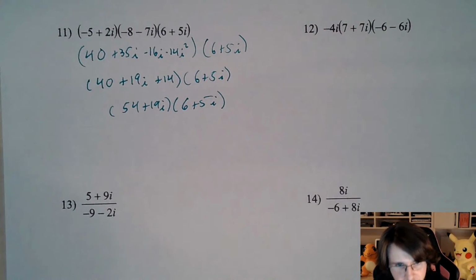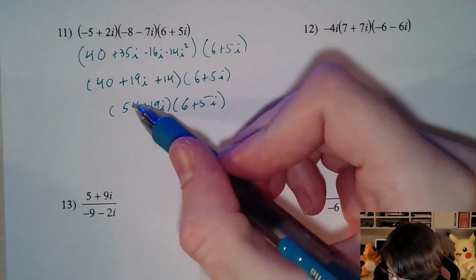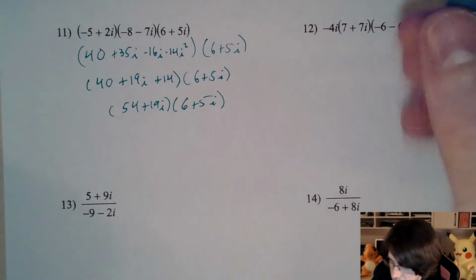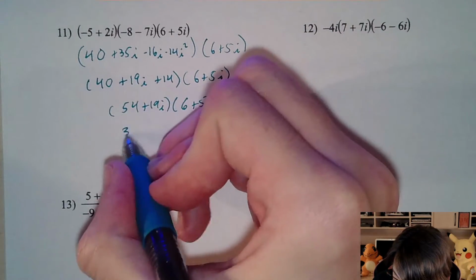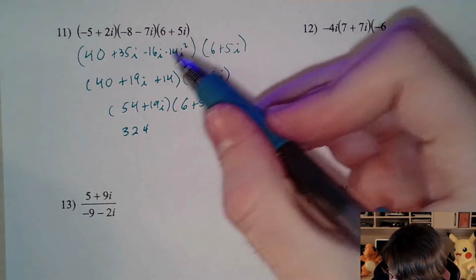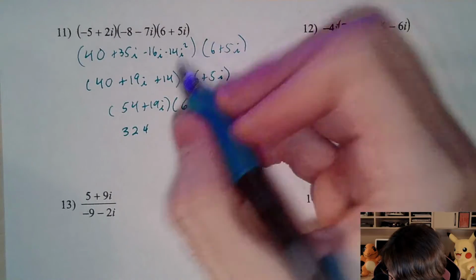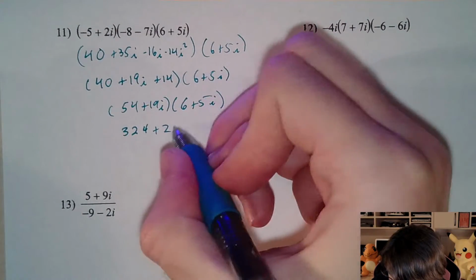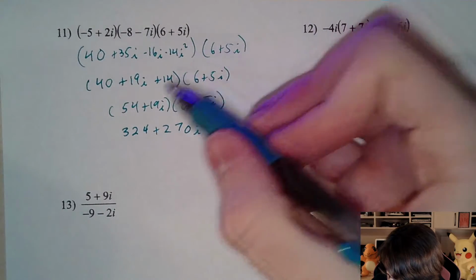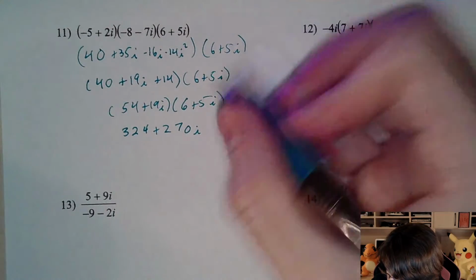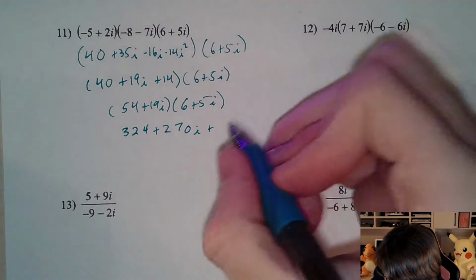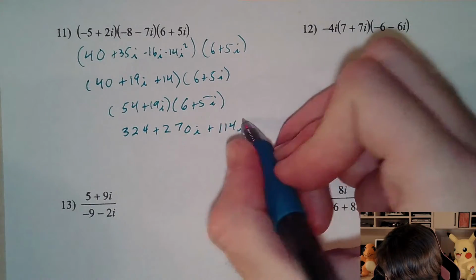And now let's repeat the process. Another first, outer, inner, last. So 54 multiplied by 6, that's going to be, what's that, 324. And then our outer, that's going to be 270i. And then 19 times 6, that's going to be 114i.